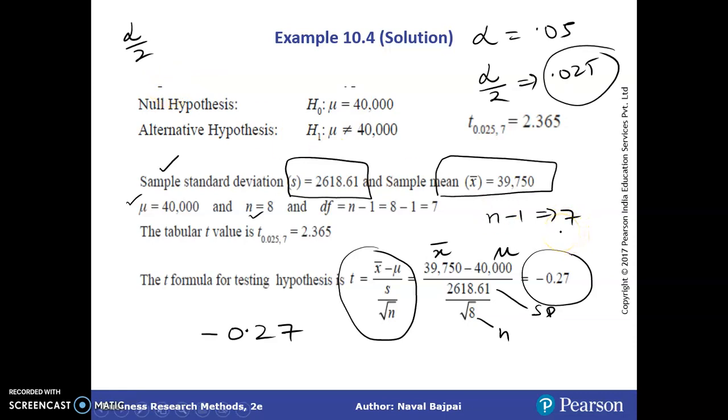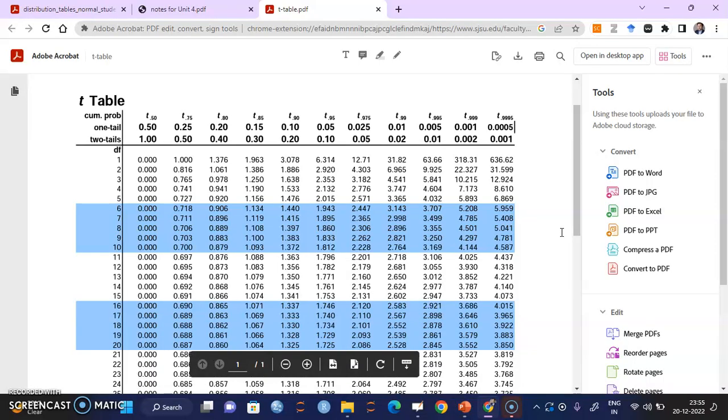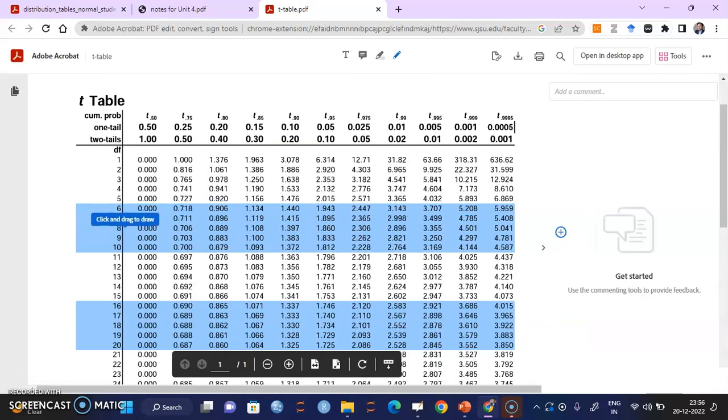So let's have a look at the t table, how we calculate the critical t value for the t test. Here on the right side we have degree of freedom. In our case, first of all, we will select the row which has our calculated degree of freedom, that is 7. So we'll select only values from this row.